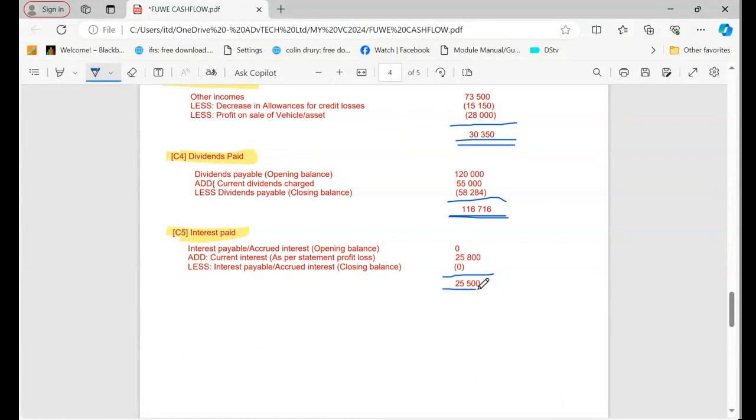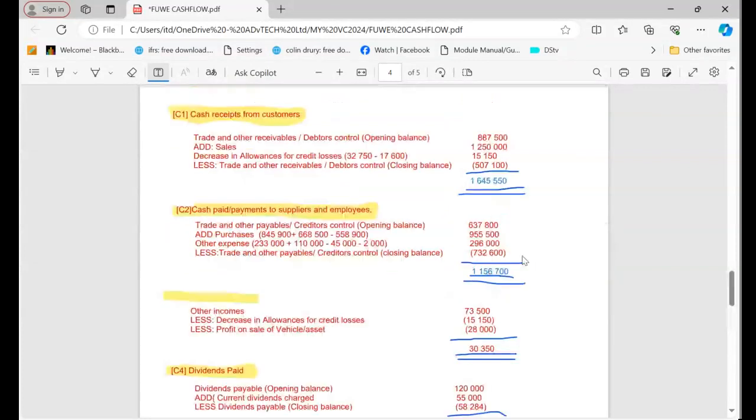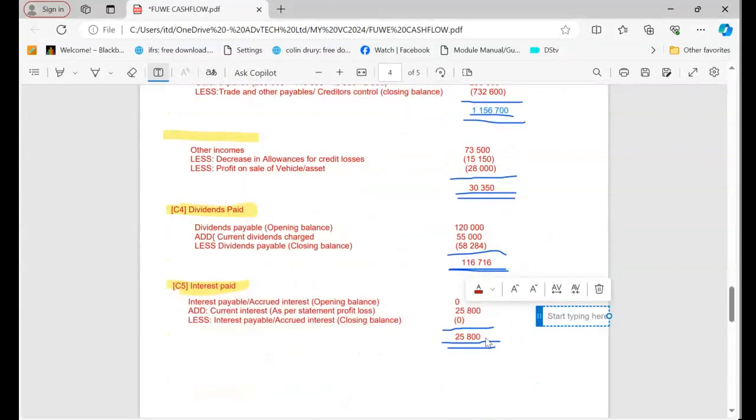So this is the amount, must be 25,800. Let me change it, I made a typo here. Okay, this is the amount that we are looking for. Does that make sense? So now we go and record it because we found it.